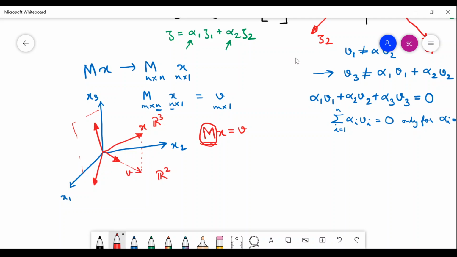Similarly, if your n is 2 and m is 3, you are taking your vector out from the two dimensions and coming to the three dimensions. You are increasing the dimension. So this is what happens when you are dealing with rectangular matrices.